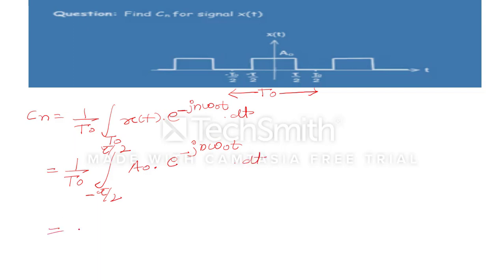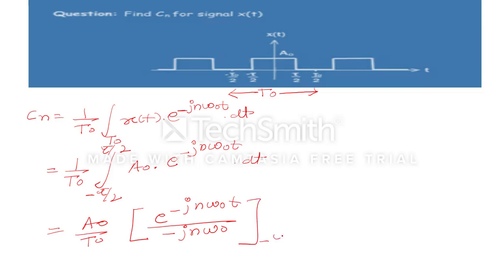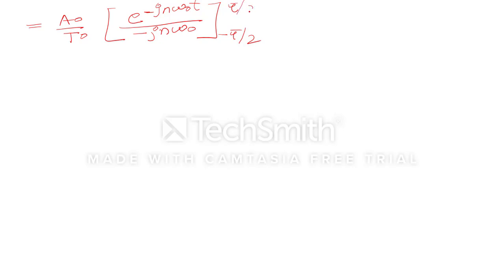If we integrate it, we get a naught by t naught, and the integration of e to the power minus j n omega naught t will have denominator minus j n omega naught, with limits minus tau by 2 to tau by 2. So we got a naught by t naught with limits, e to the power minus j n omega naught t upon minus j n omega naught, from minus tau by 2 to tau by 2.